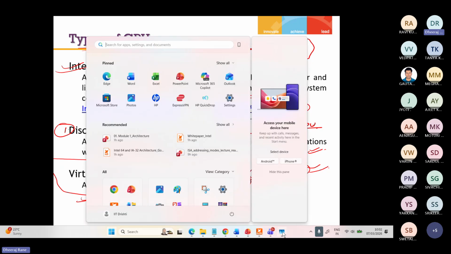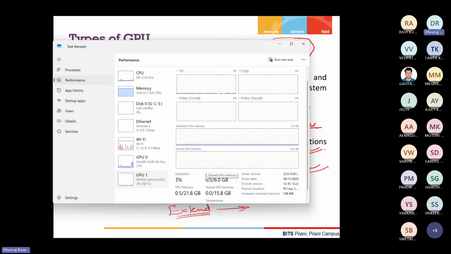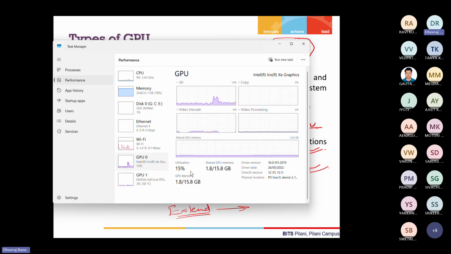Again, we will see it by the performance itself. Now just have a look. As of now, even when an external display is attached here, the overall utilization of the GPU is only 2%, right? While this is being utilized, the integrated graphics is being utilized 13%.